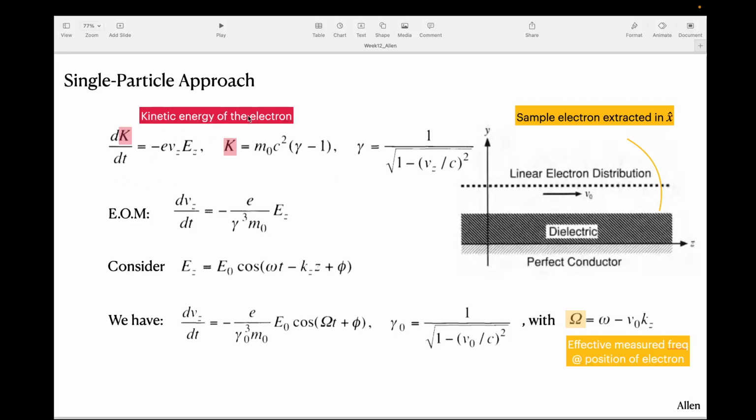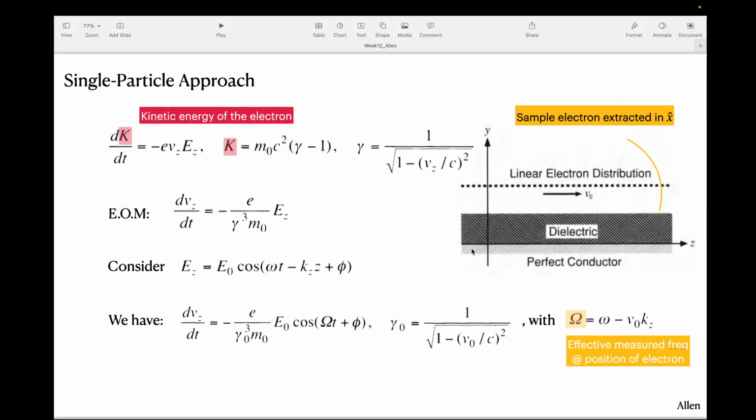The kinetic energy of an electron is obtained in this term, and taking a time derivative corresponds to this term and the Lorentz force that we are familiar with from before, along the z direction, because we assume the electron goes in the z direction.